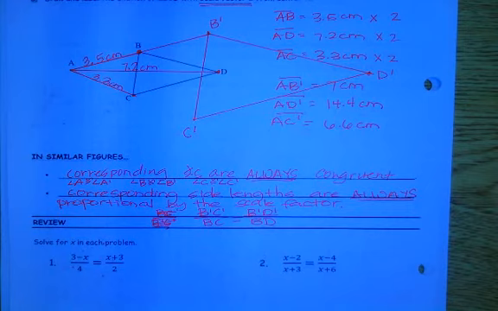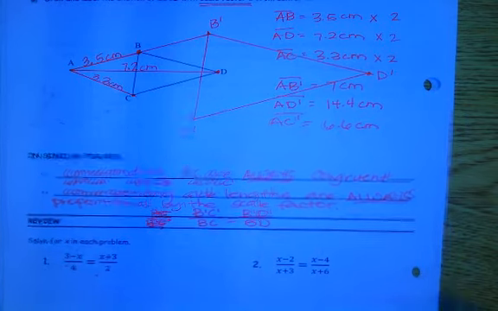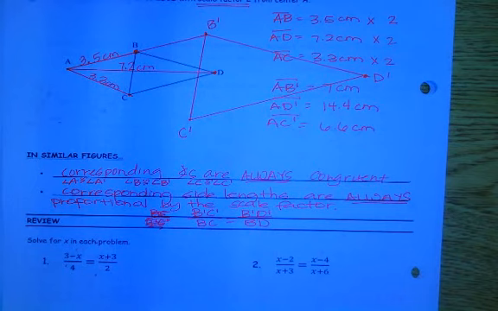Okay? So before we start solving for corresponding side lengths and angles, we need to do a little bit of review for how to solve proportions. How do we solve proportions? Cross multiply and divide.